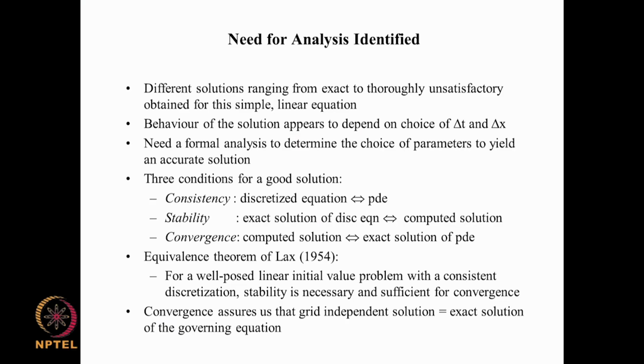Okay. So, if we want convergence, we define convergence as the computed solution must be the same as the exact solution in the limiting case. Why in the limiting case? Because we know that we are making approximations of the derivatives, and these approximations involve truncation errors of the order of delta x or delta x square or delta x cube, like that, and similarly for delta t.